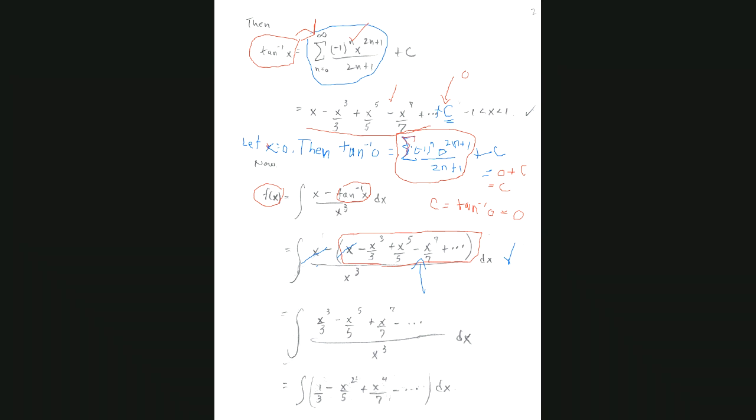And now we have something that is certainly friendlier to work with, because now I can divide the x cubed into the terms up here, or equivalently, multiply by 1 over x cubed, top and bottom. And the series reduces to this series.